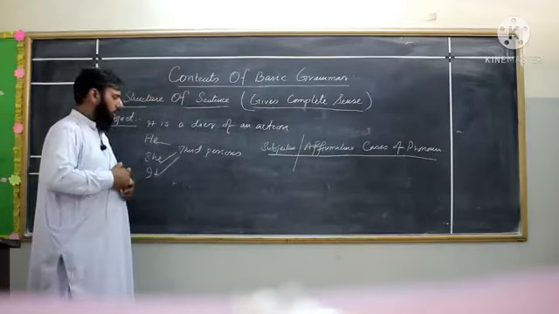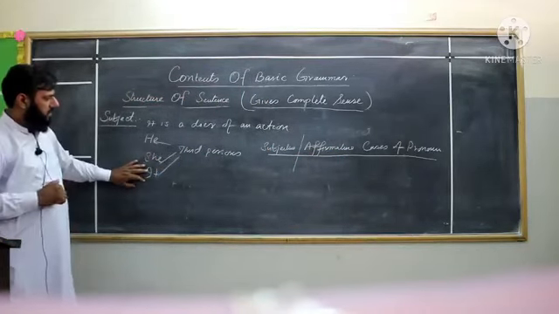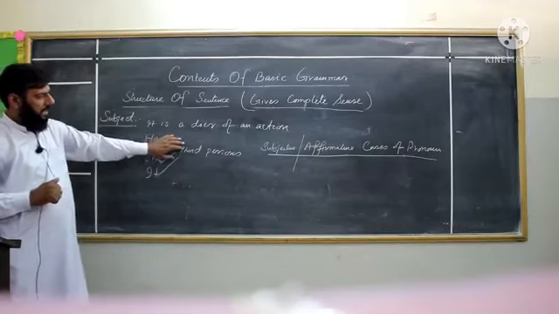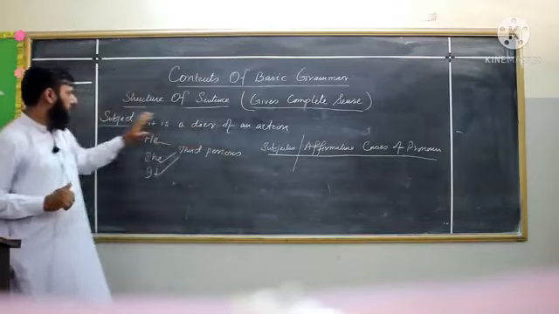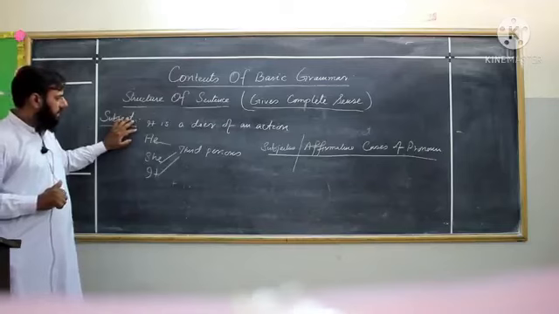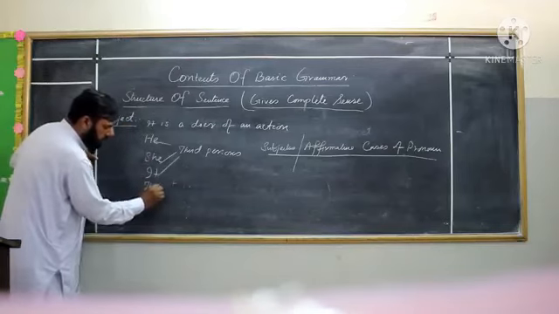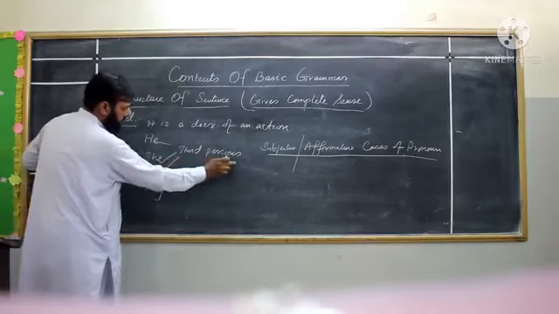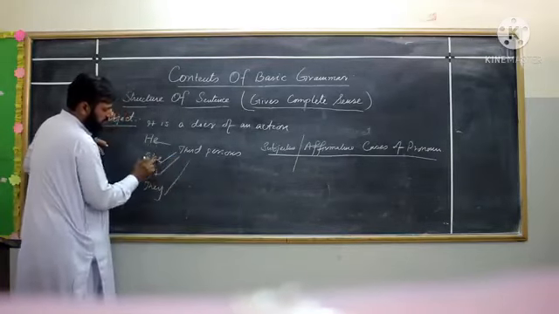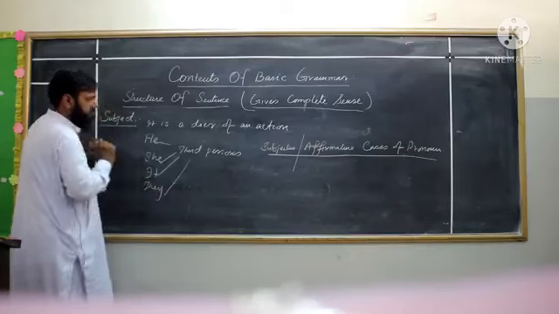He, she, it are some of them. These are subjective cases because they are always used in the beginning of sentences. So he, she, it, and they. These are third person: he, she, it are singular and they is plural.